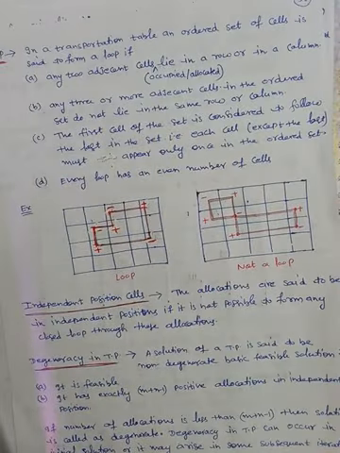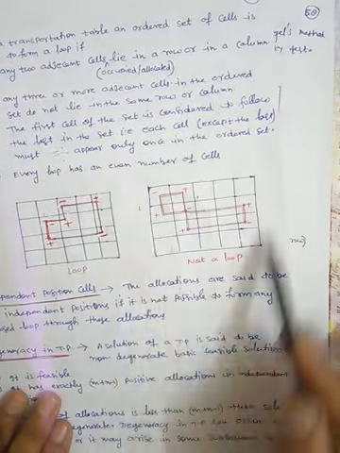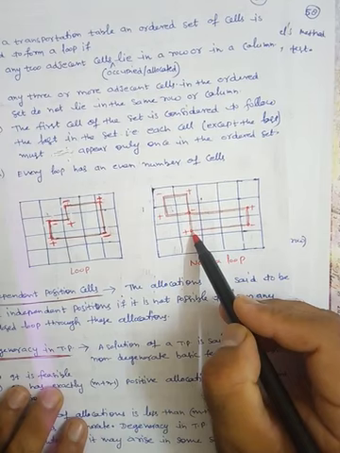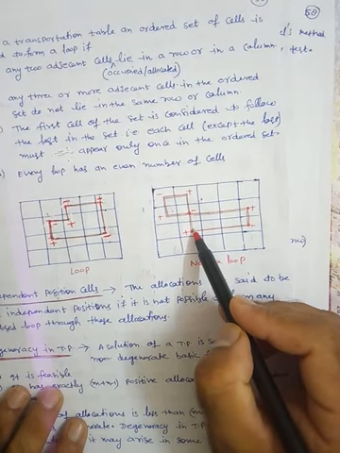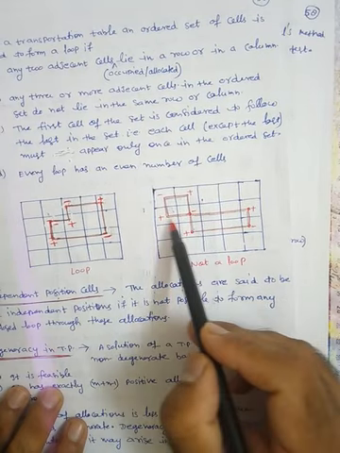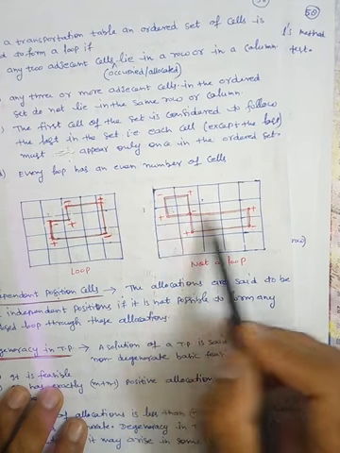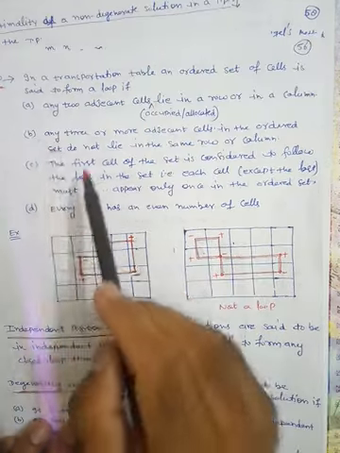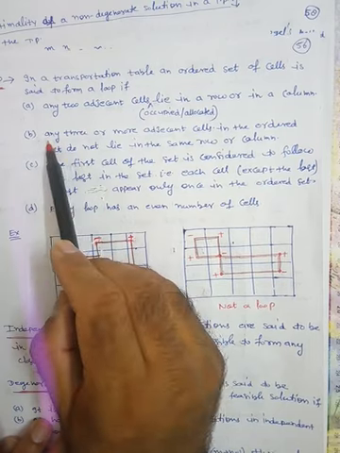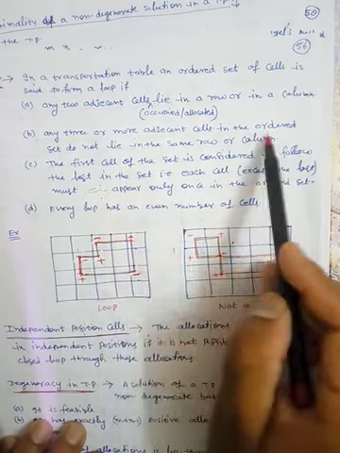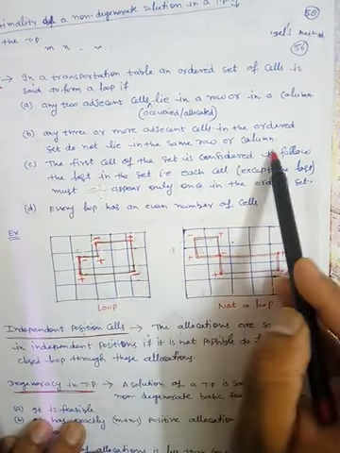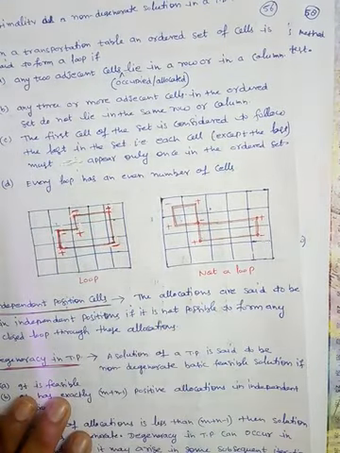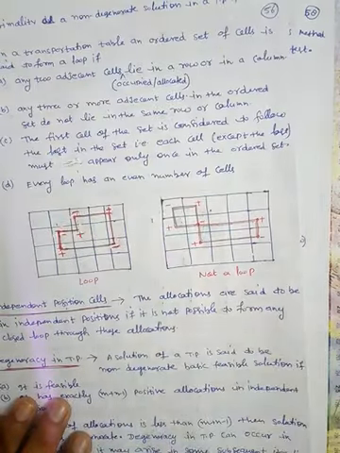Fine. However, in the next example, you can see here we are having 1, 2 and 3 cells in a column. Similarly, 3 cells in a row, which does not satisfy the B part. Any 3 or more adjacent cells in the ordered set do not lie in the same row or column. That's why this is not a loop, because they are not satisfying the second part. So this is a loop, this is not a loop.